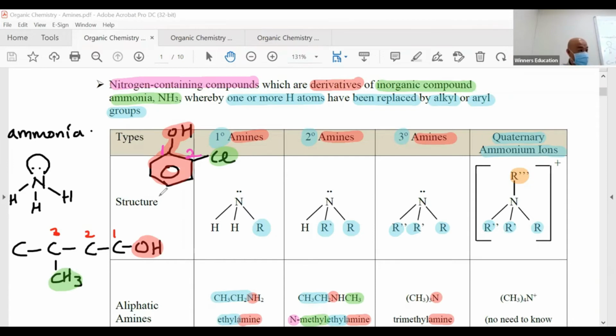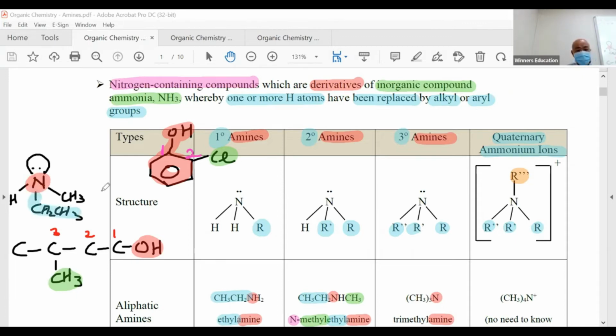Cyclic or aromatic, including the aliphatic, right? But when it comes to amines, I go back to the ammonia structure here, right? Imagine I have 2 different R here. No need to go to 3, 2 different R. Okay? Then again, the functional group is the one in red, and the longest chain you have is this.